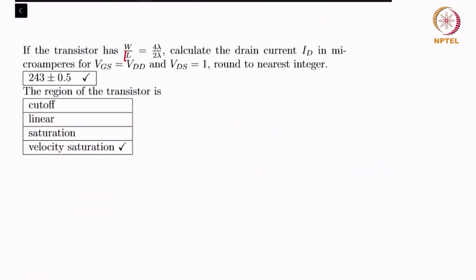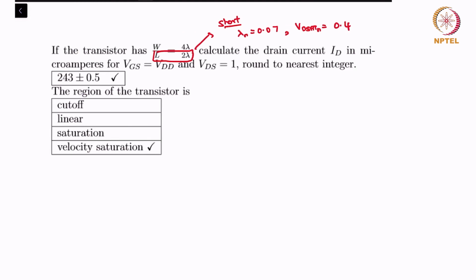And notice that L is 2 lambda, so it's a short channel, which means lambda n is 0.07 and VDsat n is 0.4, right? So now we have to calculate for VGS equal to VDD, and VDS is 1 volt.